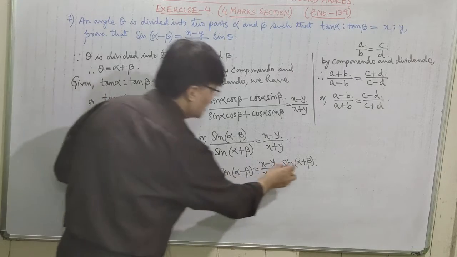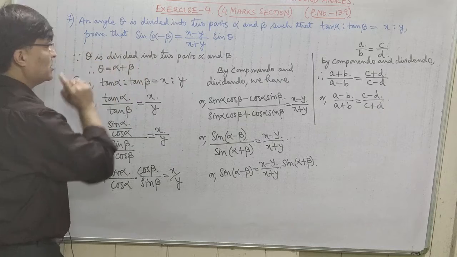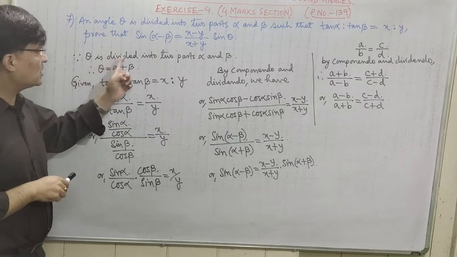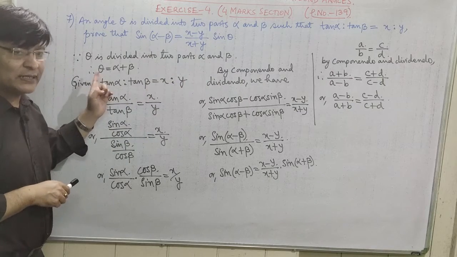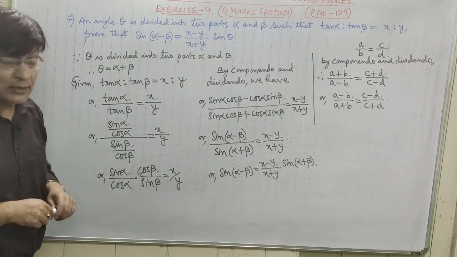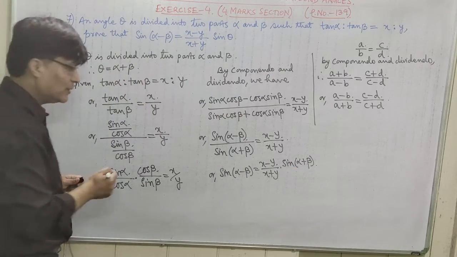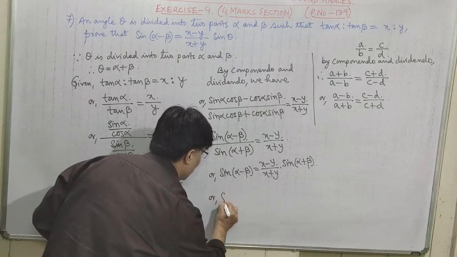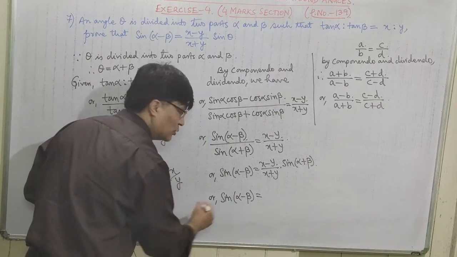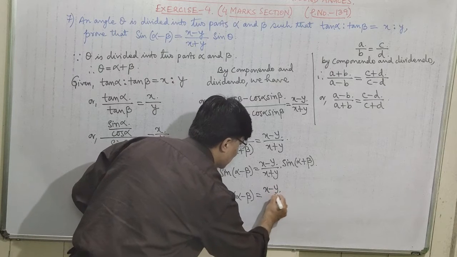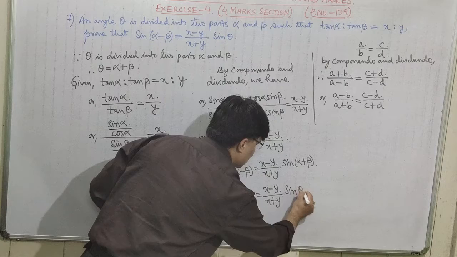So now instead of this alpha plus beta, you can write theta, because in the question it is given that theta is divided into two parts, alpha and beta. That is, you can write theta is equal to alpha plus beta. So instead of this alpha plus beta, you may write theta. Okay, so this is sine of alpha minus beta is equal to x minus y upon x plus y into sine theta.